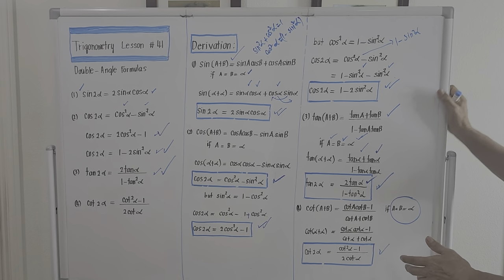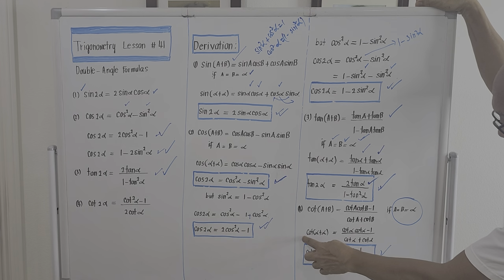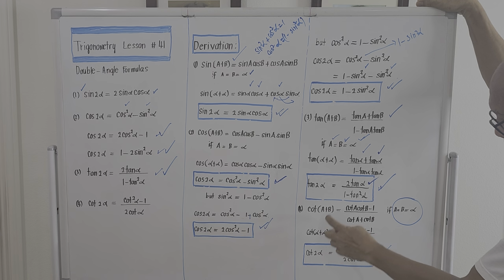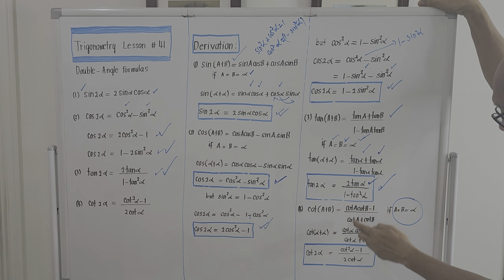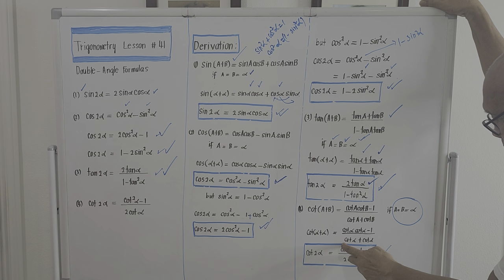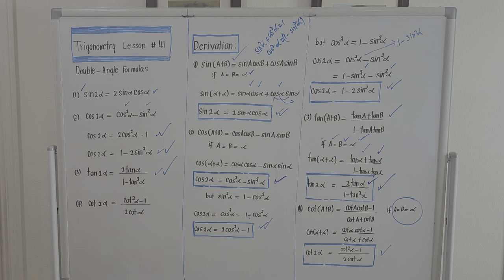So cotangent of A plus B becomes cotangent alpha times cotangent alpha minus 1, over cotangent of alpha plus cotangent of alpha.